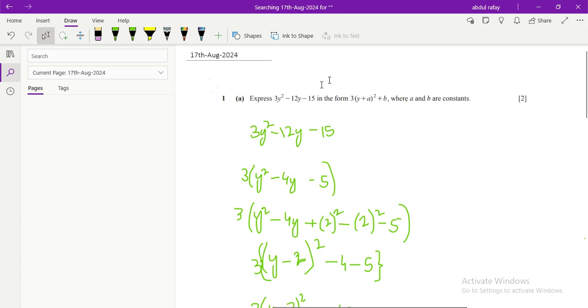To transform this expression into this form, you just need to write 3y squared minus 12y minus 15. Here, 3 is common in all terms.